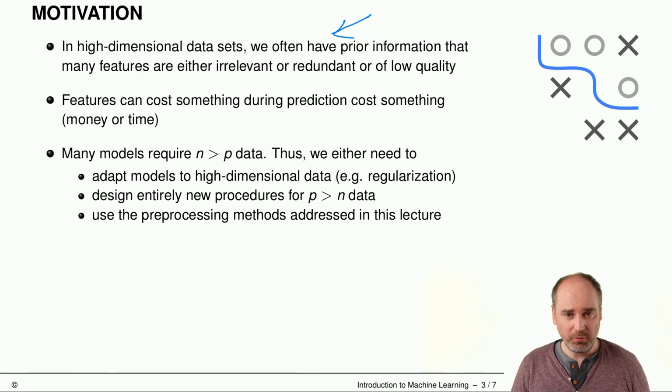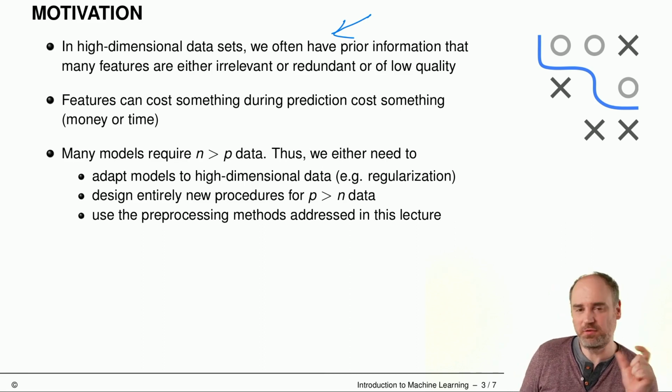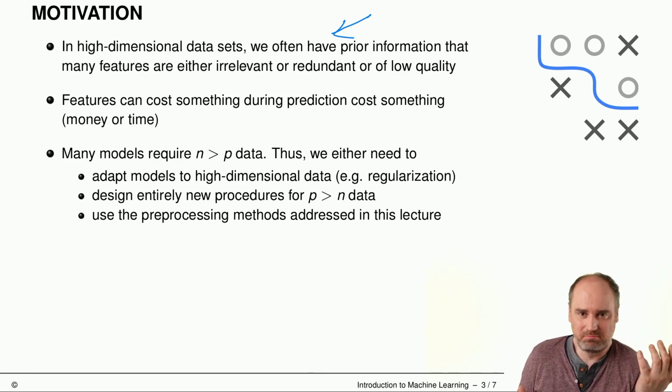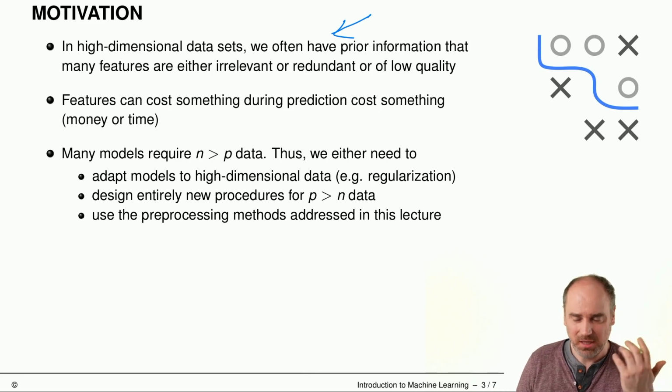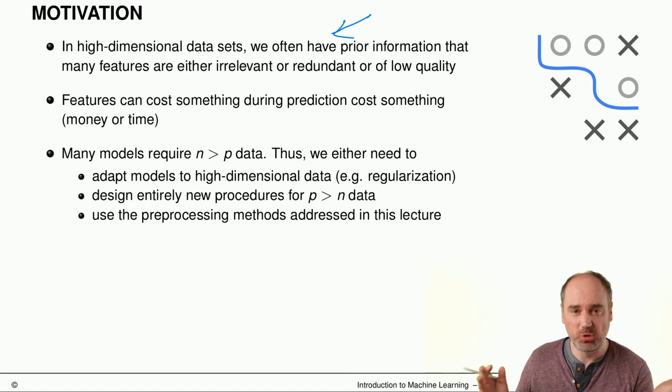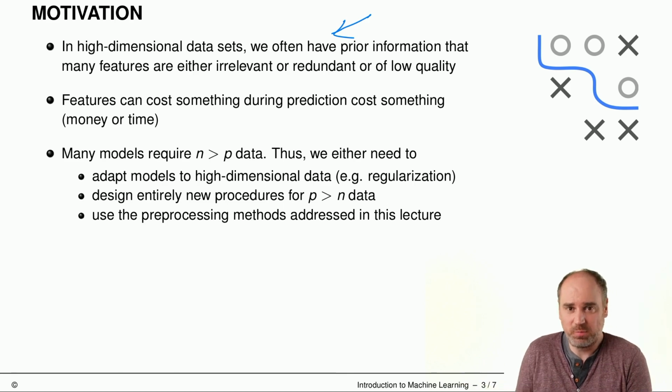But this might be worthwhile because if we later deploy our model and use it again and again, predicting on new data, we might have to pay something for the features. They have to come from somewhere, right? We at the very least have to construct them. Maybe we have to measure them somehow. And this will take computation time. It will also take computation time in the model, but there might also be computational processes associated with computing the features, or we might have to measure them in the real world, and this might cost us money.